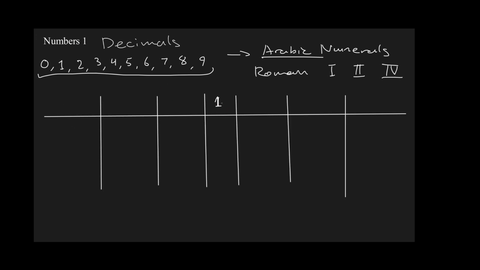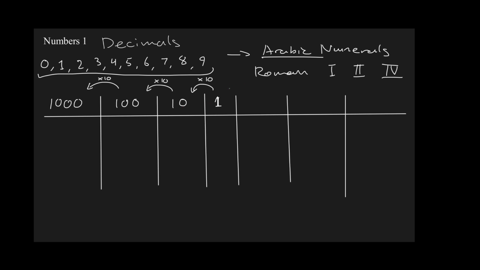So we've got ones, or 1 here. And if we times this by 10, we can get to 10. And if we times this by 10, we can get to 100. If we times this by 10, we get to 1000. And this will make sense in a second.